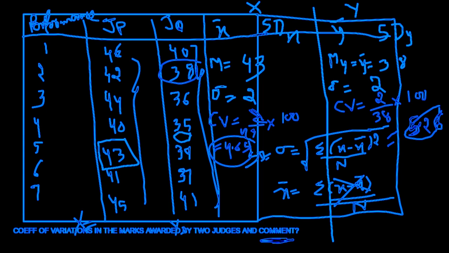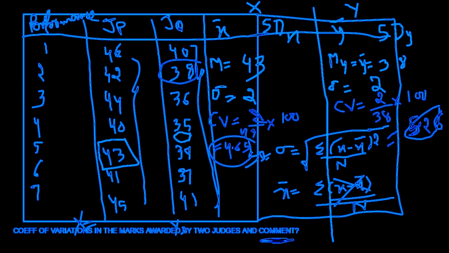Rajan said coefficient of variation of Judge Q is higher. Implies what? One conclusion is correct. Rajan is saying more variation in given marks by Judge Q. Very true. लेकिन इसका मतलब क्या हुआ? Now you see, we have to study both.